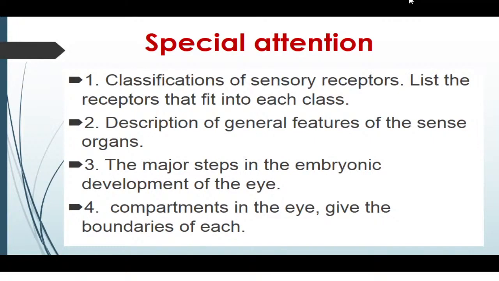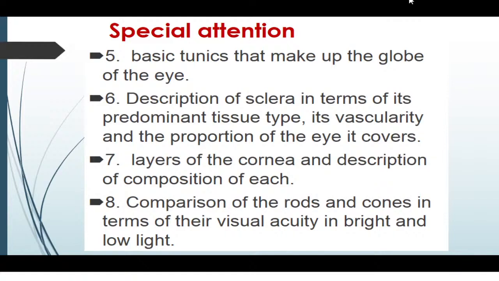The special attention of today's lecture is the classification of sensory receptors, the list of receptors that fit into each class, a description of the general features of the sense organs, the major steps of the embryonic development of the eye, the compartments of the eye, the structures of the eyeball, a description of the sclera, the layers of the cornea, the layers of the retina, and the special characteristics of rods and cones in the retina and other neurons.